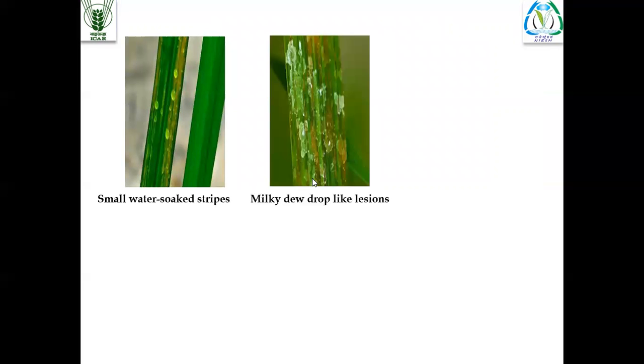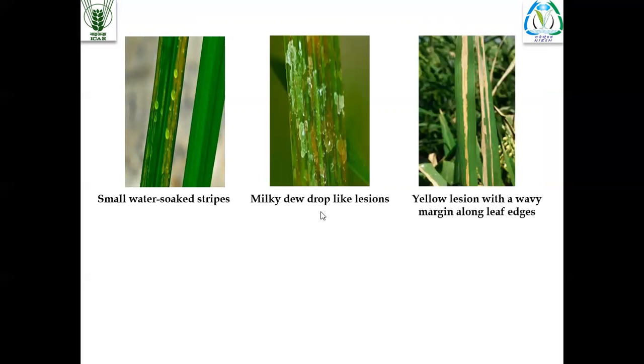Lesions start as small water-soaked strips from the tips. Later, the lesion appears as milky dewdrop-like lesions and then rapidly enlarges in length and width, forming yellow lesions with wavy margins along the leaf edges.